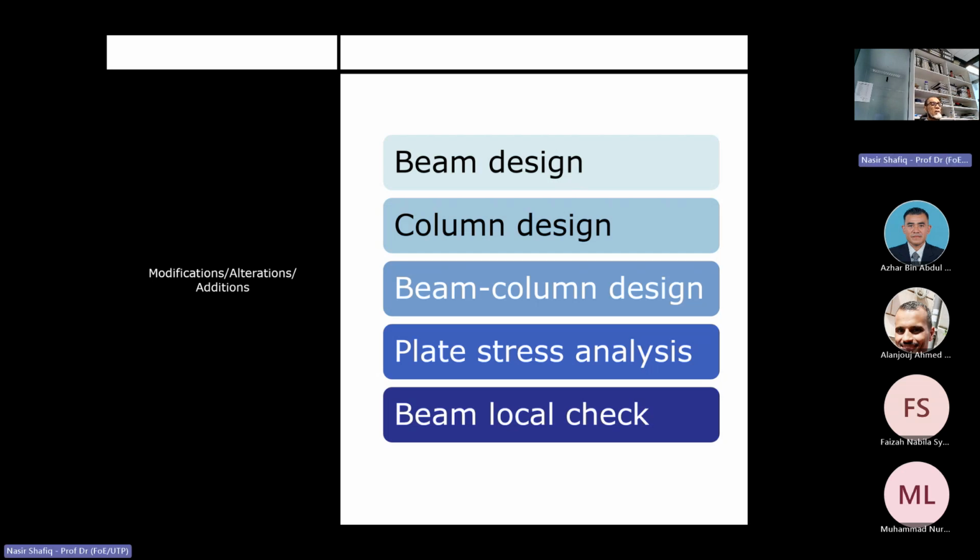So modification and alteration, addition, like beam design, column design, plate stress analysis, beam local checks.